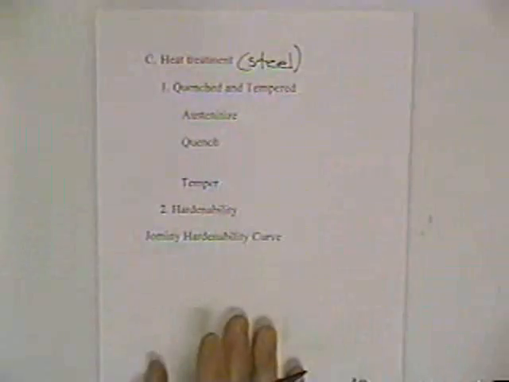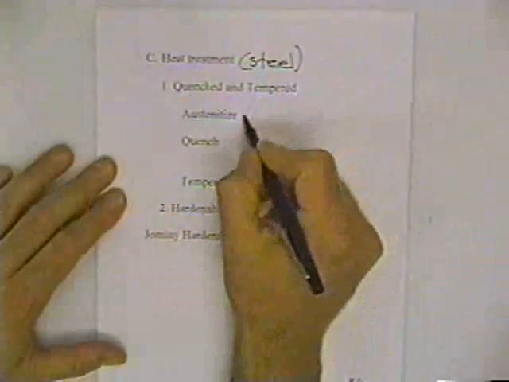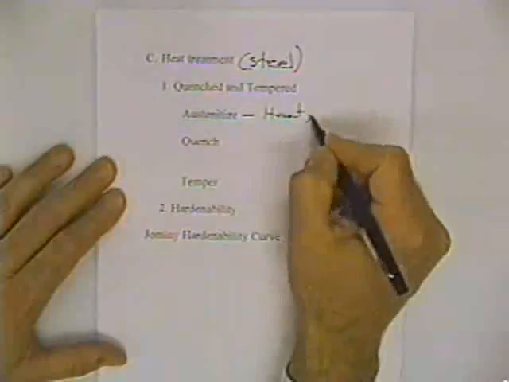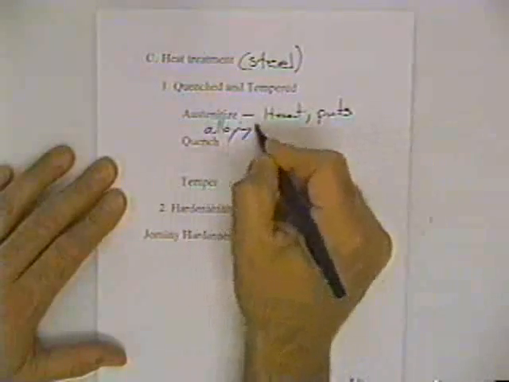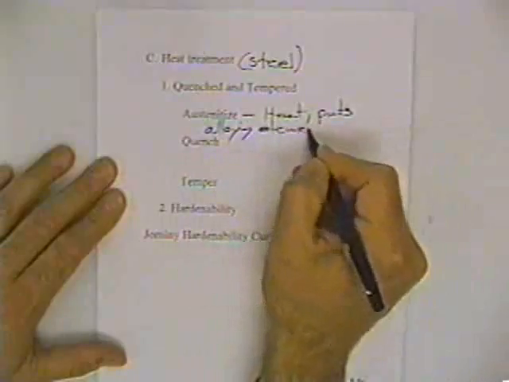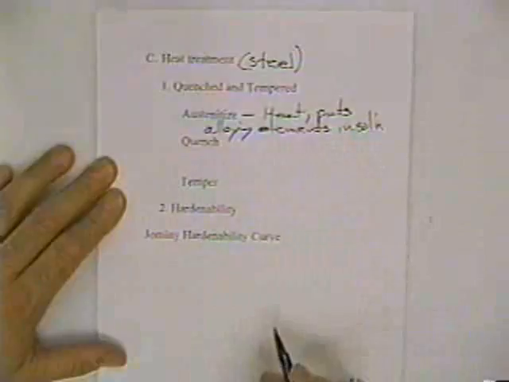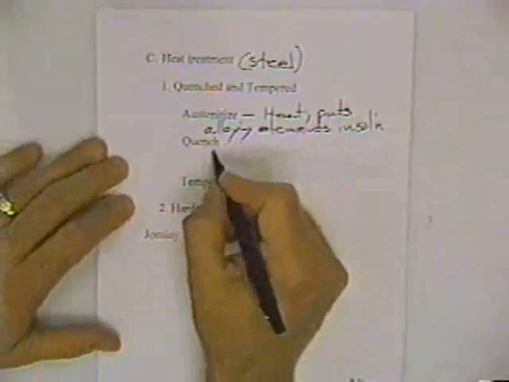We can develop what's called a quenched and tempered microstructure, and the first step in that process is to austenitize or heat. This puts alloying elements in solution. The second stage is to quench.